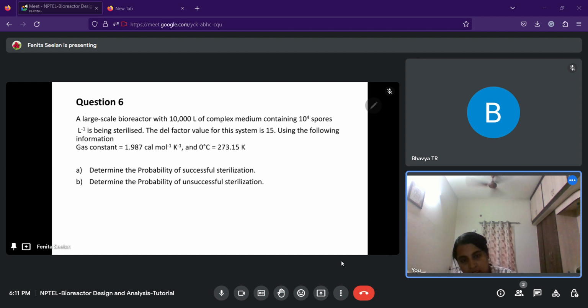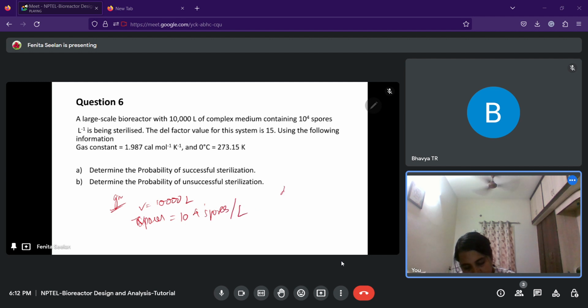So let's start writing down our given values. What is given? The volume is 10,000 liters and spores is 10^4 per liter.